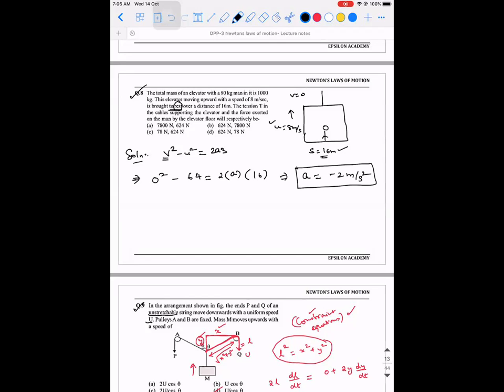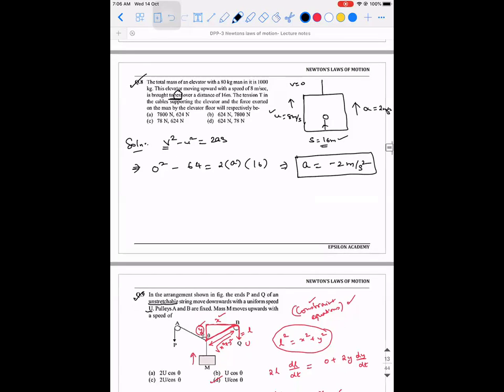No, sir. So indirectly, we have got the acceleration of the elevator as well, right? So tension is acting in upward direction. The weight of the elevator is acting in downward direction. So can I write T minus mg is equal to m into a, which implies T is equal to m into (g plus a).